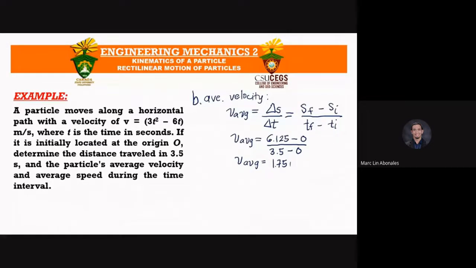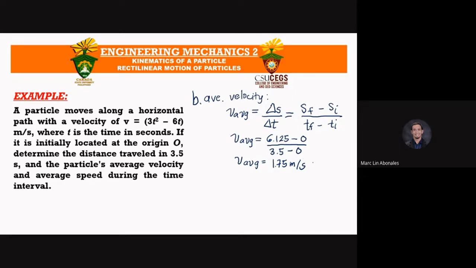Di ba positive man na nga to ang na-come up na value? Since positive, unsa may pasabot kung positive ang iyahang value sa tong velocity? Unsang direction for our average velocity nato if it is a positive? To the right.